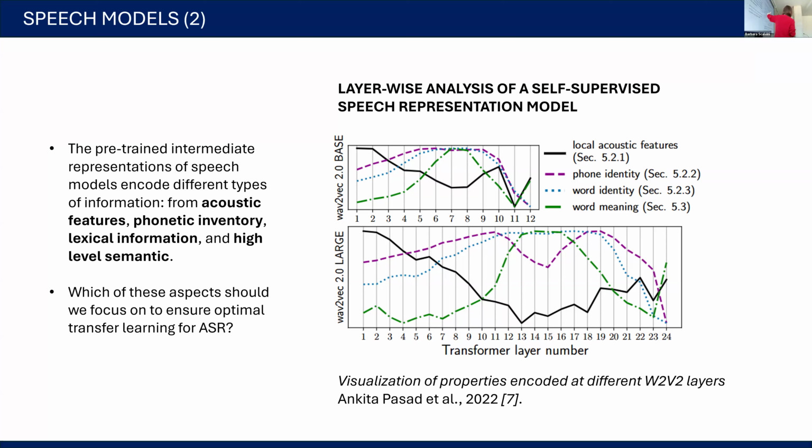Then you have phone identity, which is also expressed very much in the first part of the model, less so towards the end. But you also have word identity and word meaning, so this part of semantics. So this, I think, gives a very good idea of why guessing the best language for speech recognition is particularly complicated. Because not only do you have all of these things that you have in language models, but you also have the acoustic features to take into account.